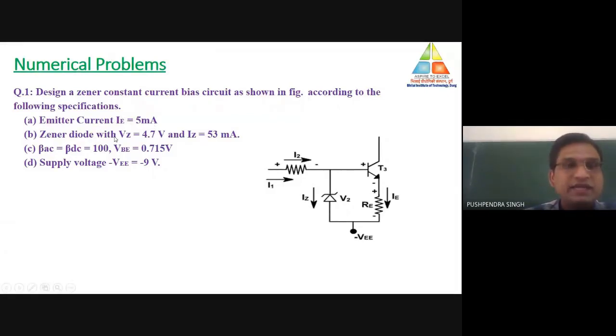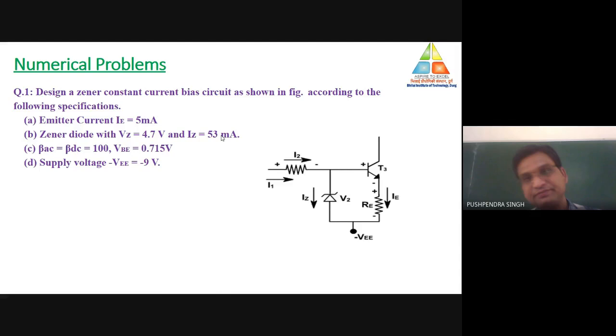The Zener diode voltage is 4.7 volt. Zener current is 53 milliampere. The value of beta is 100. Base to emitter voltage is 0.715 volt, and supply voltage is -9. So these are the specifications given for designing the Zener constant current biasing source.